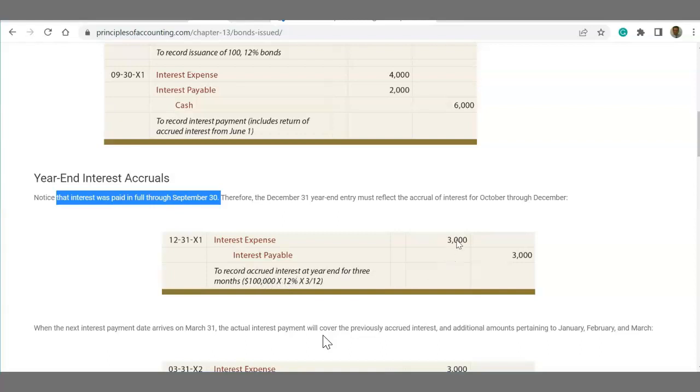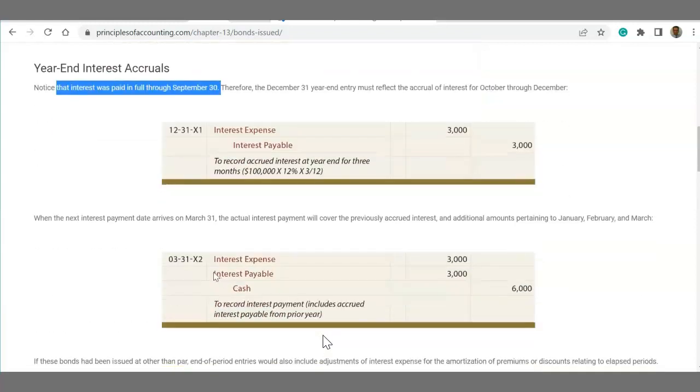That will be interest expense of $3,000 to recognize, and interest payable as a liability for the corporation in the balance sheet. We leave this as a liability in the balance sheet, and then, of course, 3 months later, at the end of March, we need to send the second check for this bond. The second check will go out at $6,000 again.